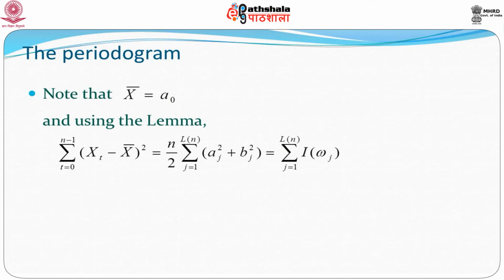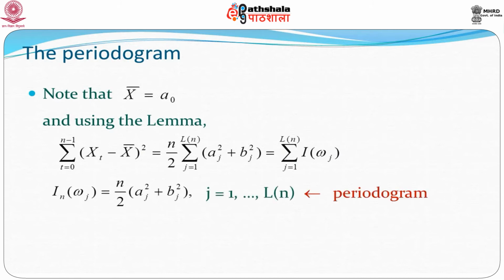We will call this (n/2)(a_j squared plus b_j squared) I_n(ω_j), and this is basically the sum of these I_n(ω_j)'s. We refer to these I_n(ω_j)'s for j equal to 1 to [n/2] as the periodogram.